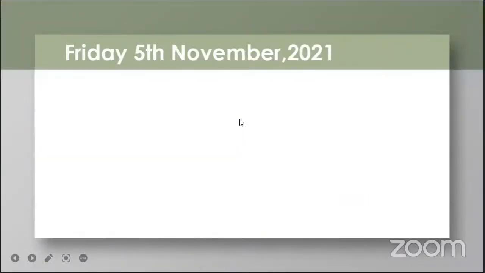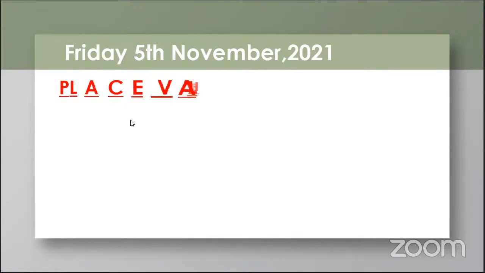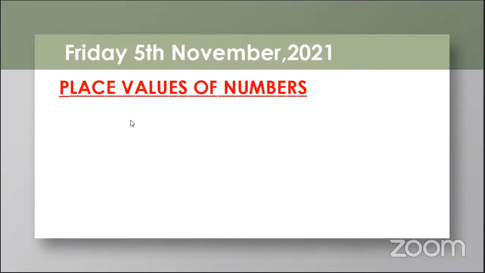One being the word place, and two, another one, values. Okay, so when we put the two words together, one, the place, then the values. Okay, we are talking about a number.